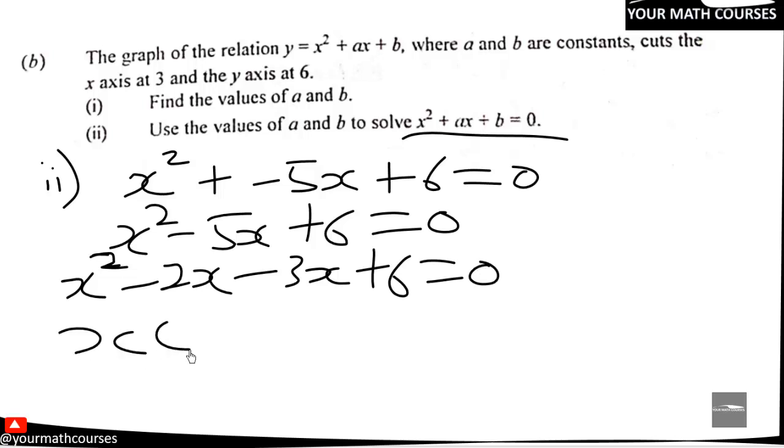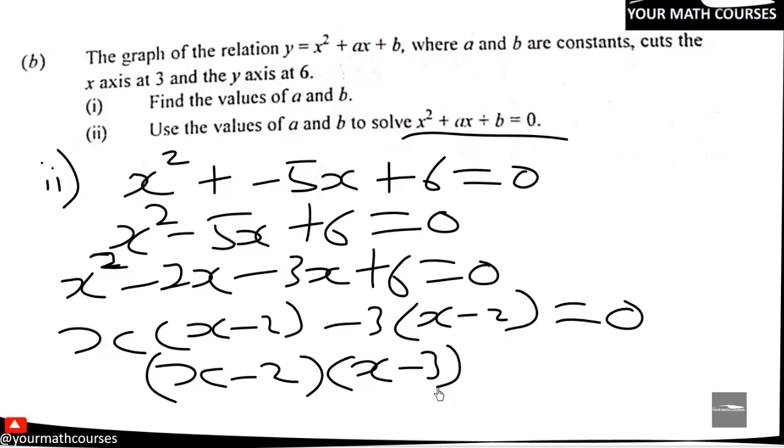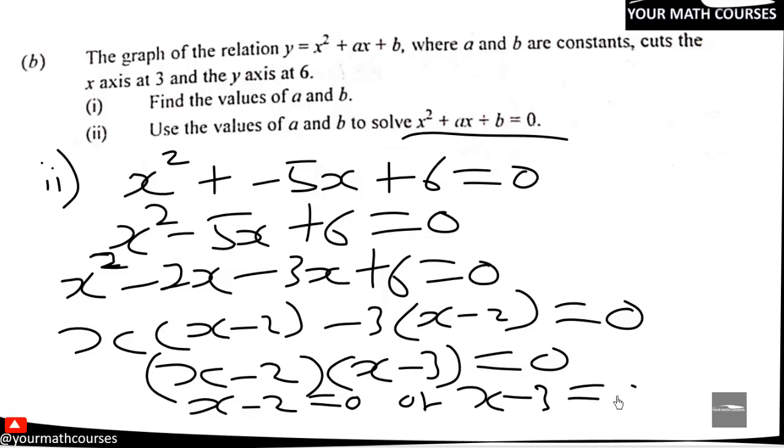So we have x into bracket x minus 2, minus 3 into bracket x minus 2, equals 0. When we collect x minus 2 as a factor, we obtain x minus 2, x minus 3 equals 0. Then either x minus 2 equals 0 or x minus 3 equals 0.